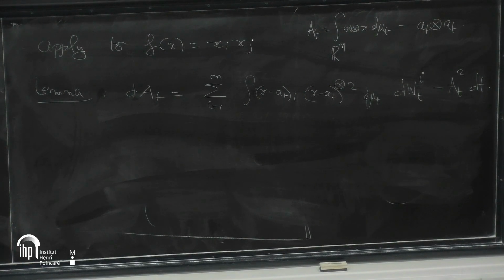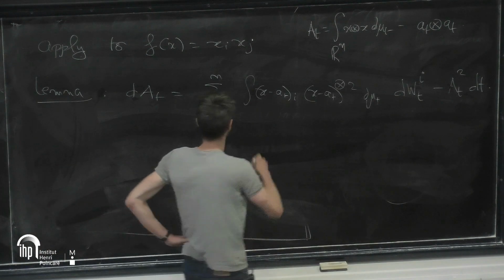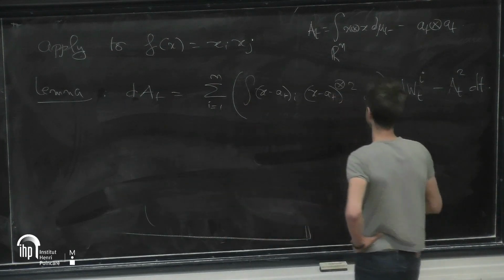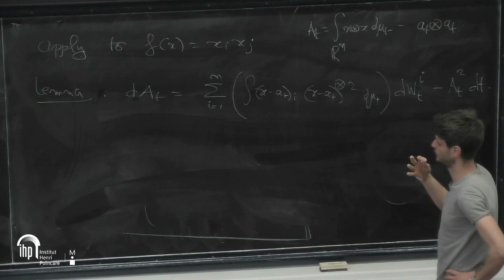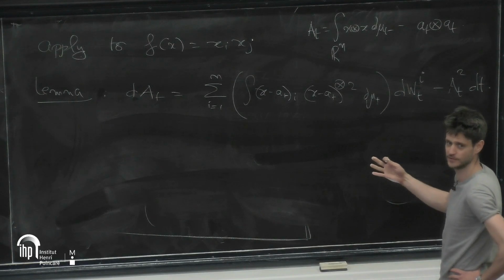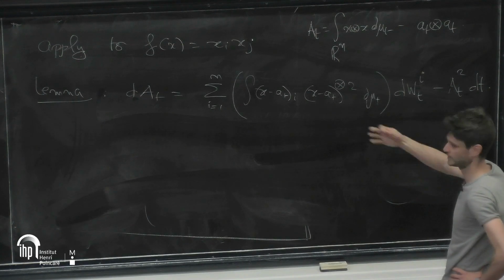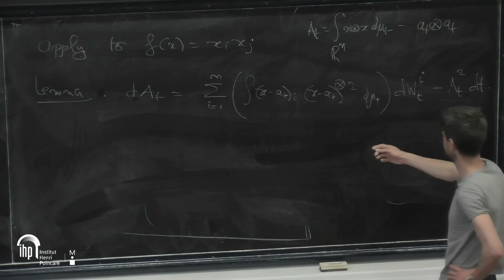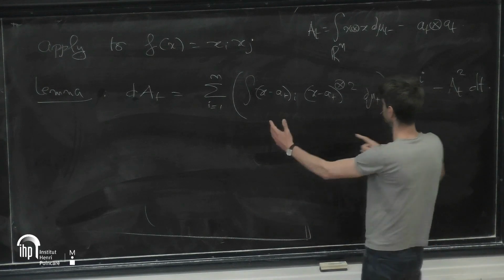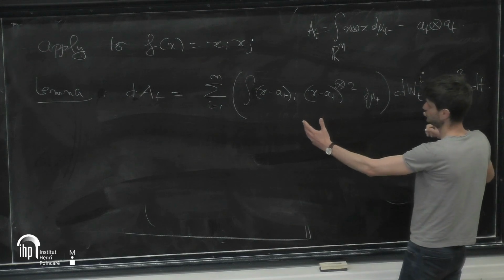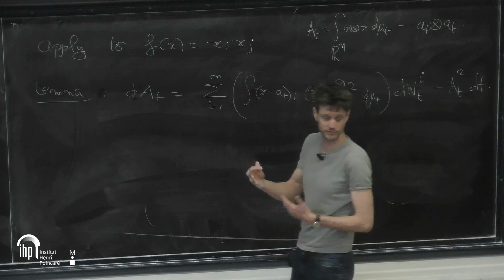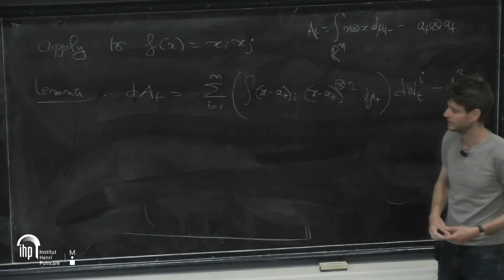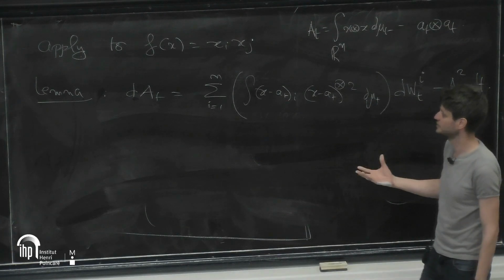Okay. So that's my equation for A_t. A_t is a random matrix, so it's a random process taking values in matrices. I have an equation for this, and the issue is that I want to control the operator norm, and the operator norm is not a smooth function on matrices.